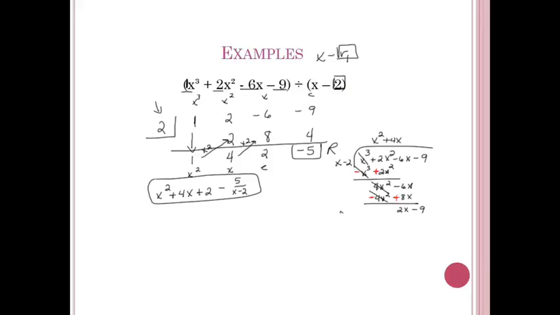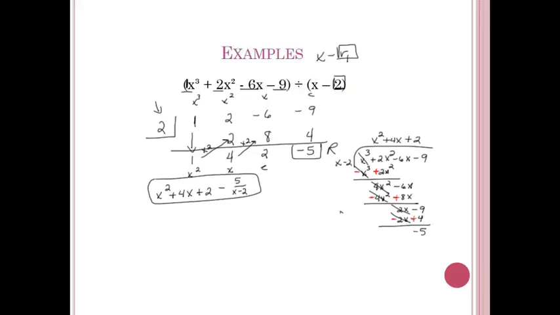And so up here we'll put plus 2, and that's going to give me 2x minus 4. Change our signs and then add. So this becomes minus and plus. Then when we add them, this adds to be 0, and our remainder is negative 5.